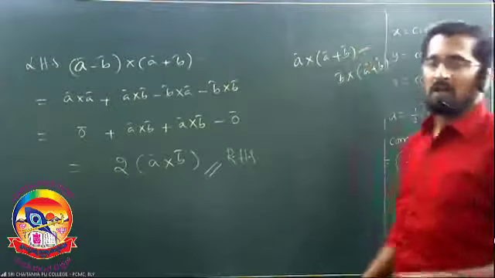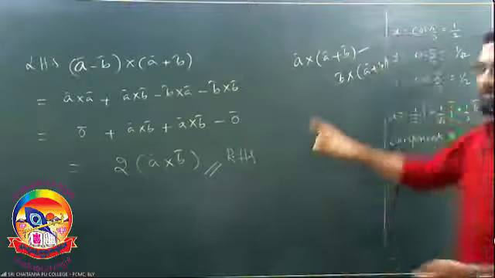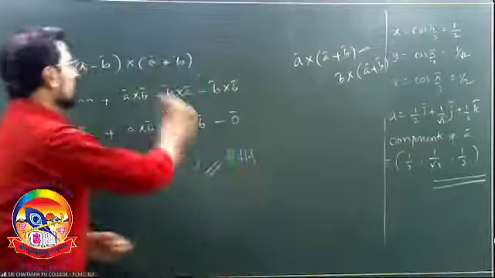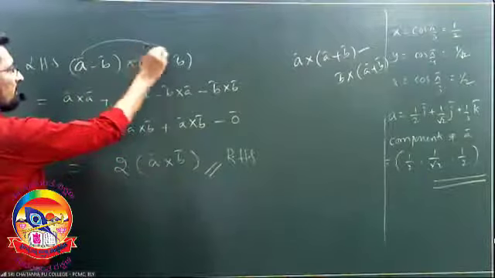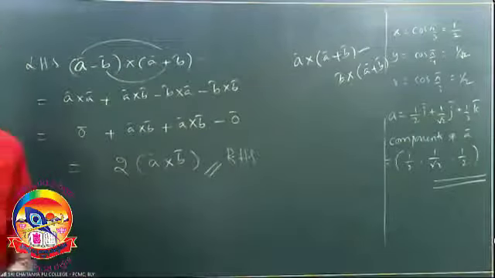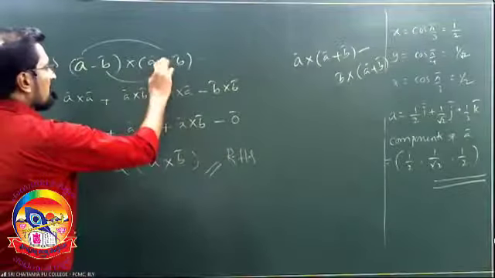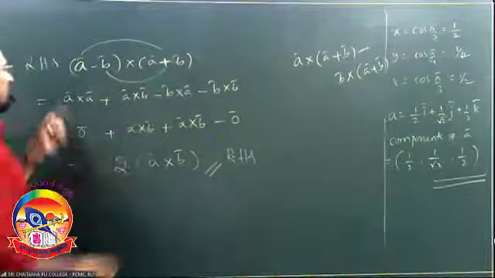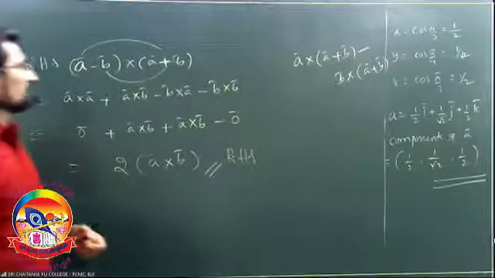Instead, I have done it directly. You should do it like this. First of all, multiply this A bar with this one, and minus with this one. After that, you should apply the distributive property. Instead of that, I have done it directly, like A cross A plus A cross B.